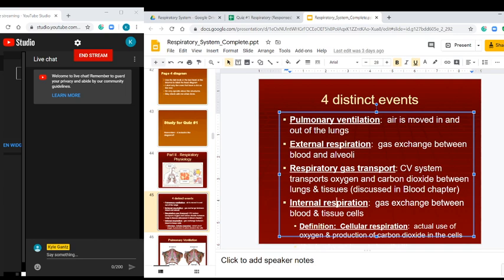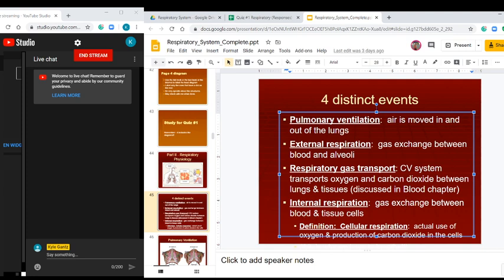External respiration is this exchange between the alveoli and the blood. So really technically the air on the inside of the alveoli in the lungs is from the outside, the external, and we're taking it from the outside to the inside. Now, when we're talking about internal respiration, we're talking about oxygen and carbon dioxide that is in the tissues and the blood already, and they're making an exchange there.